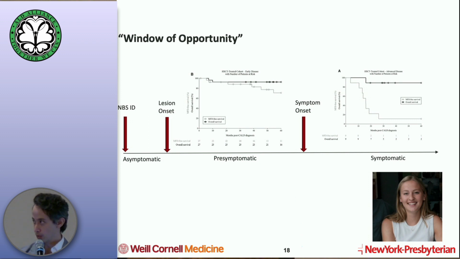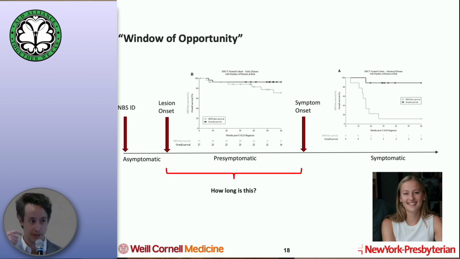The next question we wanted to ask was, how long is the pre-symptomatic time period? We're not going to allow a patient to develop a cerebral lesion and then just follow them until they develop symptoms. That's obviously unethical. So you have to work your way backwards, looking at the experiences of multiple centers.